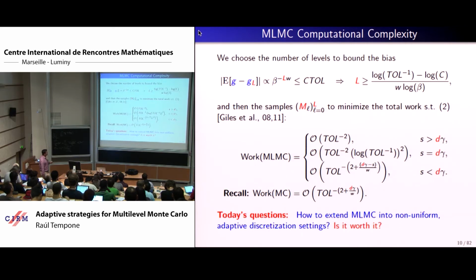Where the log essentially comes connected with the weak rate of convergence and the logarithm of the subdivision multiplicative constant, beta. And remember, the samples ML are chosen optimally like we discussed before, just by solving that Lagrangian relaxation problem. And after substitution, essentially you get this fantastic case, tol to the minus 2, where s is larger than d gamma, right?